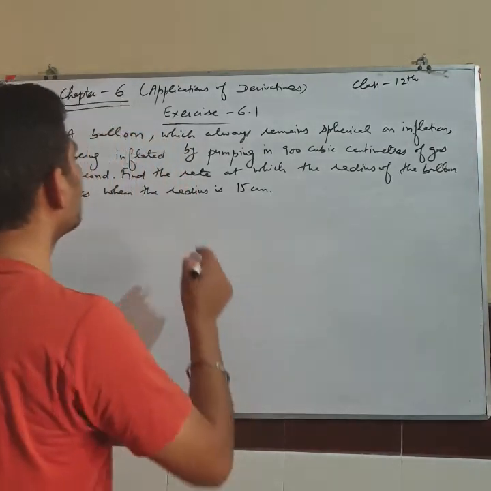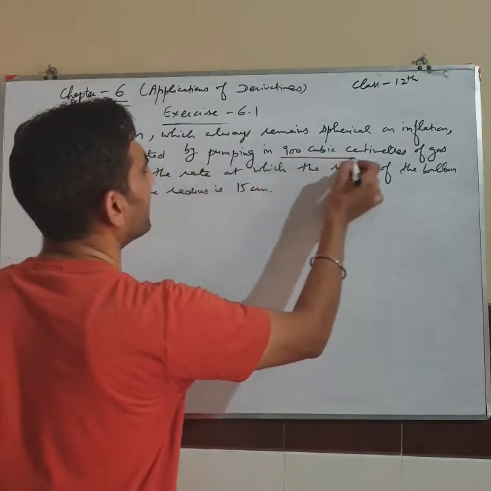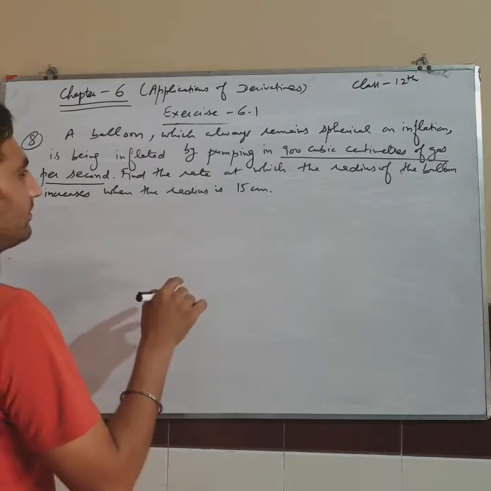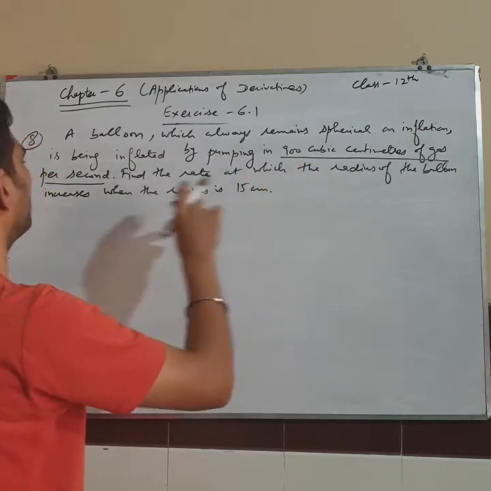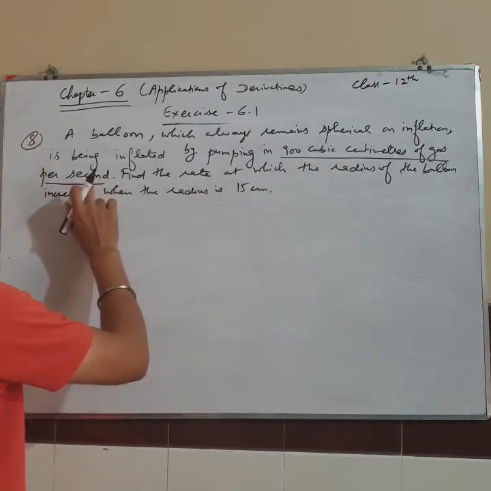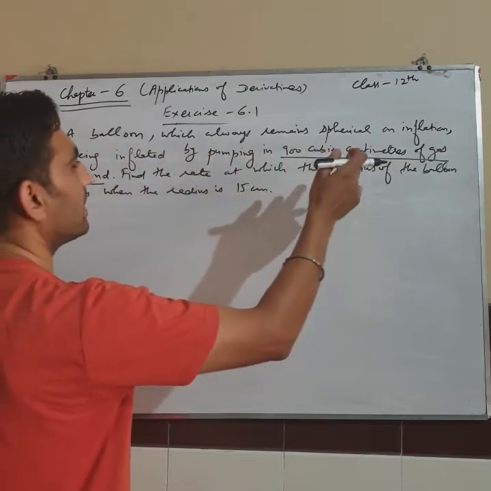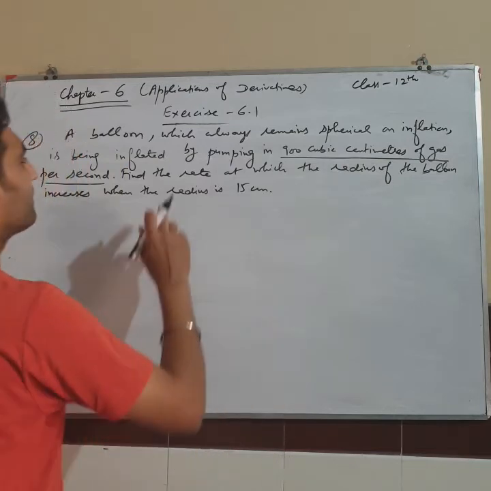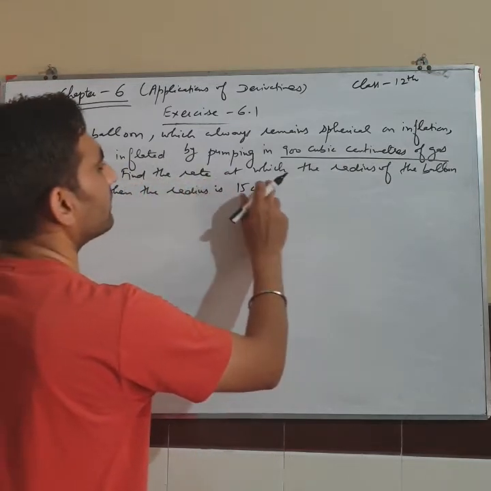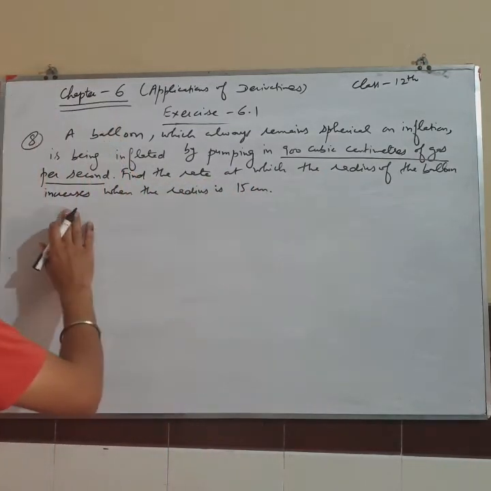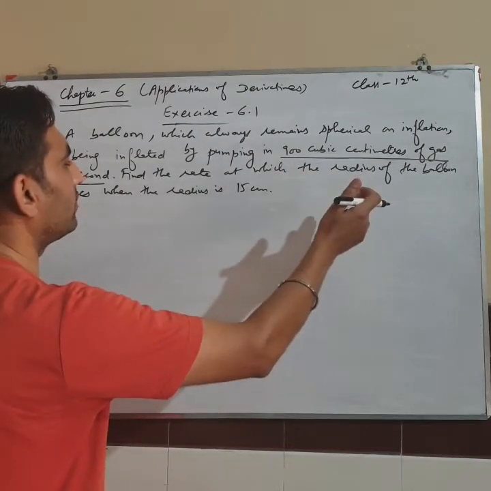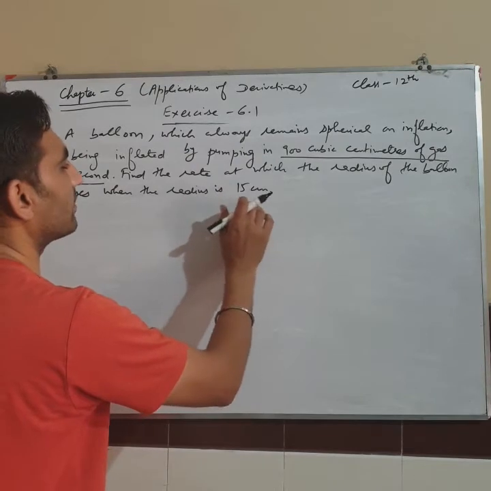It is given pumping in 900 cubic centimeters of gas per second, which means it is about volume, the rate of change of volume with respect to time. Then find the rate at which the radius of the balloon increases when the radius is 15, means dr over dt you need. Radius r is given 15 centimeter.